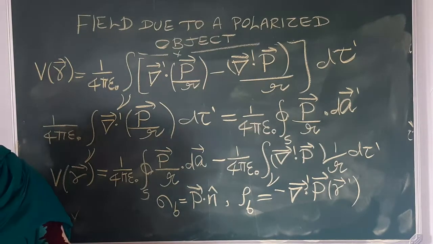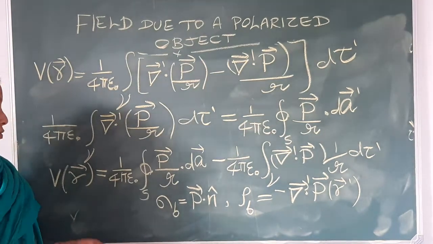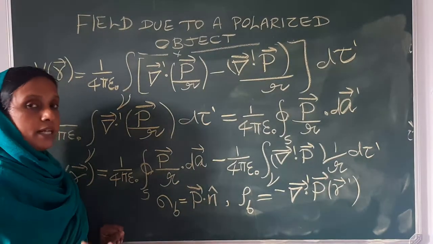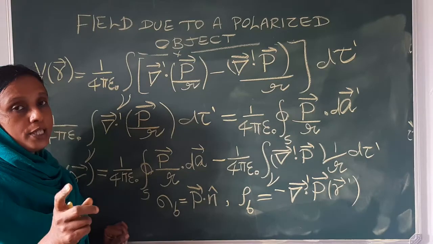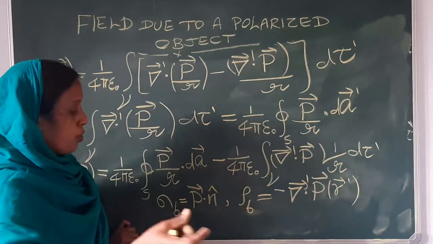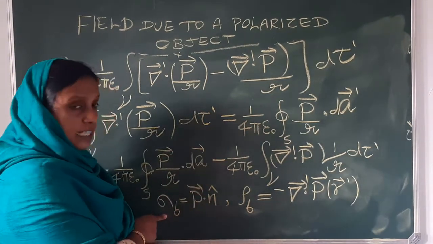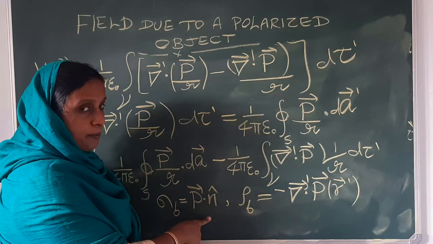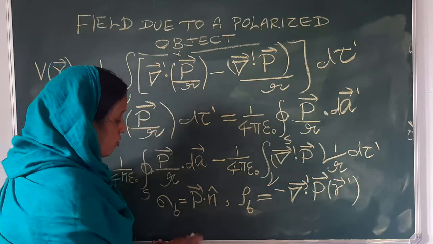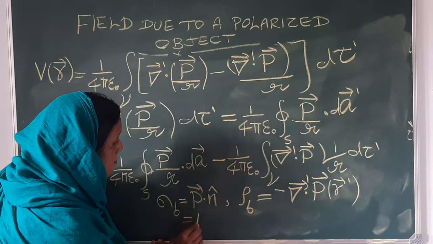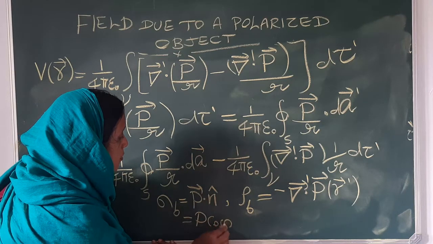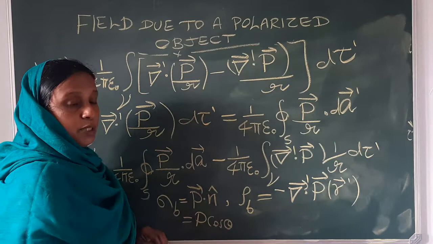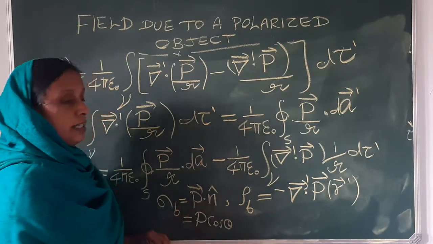So the electrostatic potential due to a polarized object can be written as sum of two terms: electrostatic potential due to a surface charge density sigma b, which is given by polarization dot n cap, or you can write this as P cos theta, where theta is the angle between this polarization and n cap.